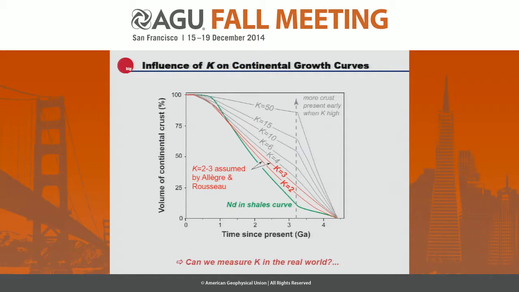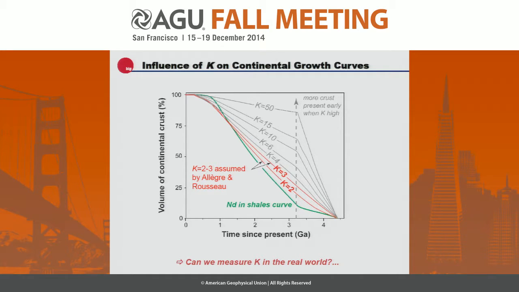So what does it do in terms of the continental growth curves? We are back to our neodymium in shales curve in green, and those are different curves taking different values for that erosion parameter. At the time the paper was written, Allègre and Rousseau assumed that the value of K must be between 2 and 3, so those are the two red curves here.